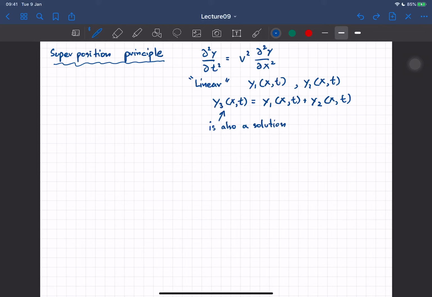Anyway, for us, what it means is that, let's say we have one speaker giving out a wave, and this wave is given by y1 as a function of time and position, a sine of kx minus omega t. And let's say magically we can overlap another speaker at exactly the same position, which is not impossible, right?